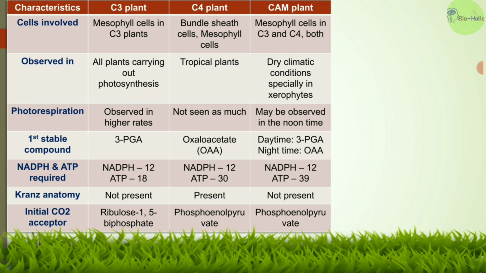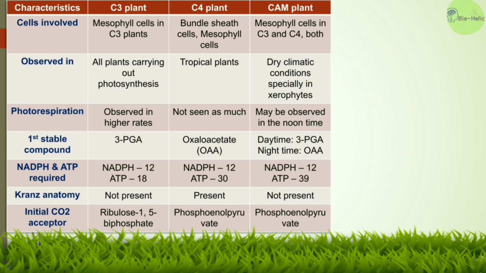So let's have a look at the comparison between the C3 pathway, C4 pathway and CAM pathway. In C3 pathway, mesophyll cells of C3 plants are involved. In C4 pathway, the bundle sheath cells and mesophyll cells both are involved. And in CAM pathway, the mesophyll cells of C3 and C4 both are involved. The C3 pathway is observed in all plants carrying out photosynthesis.